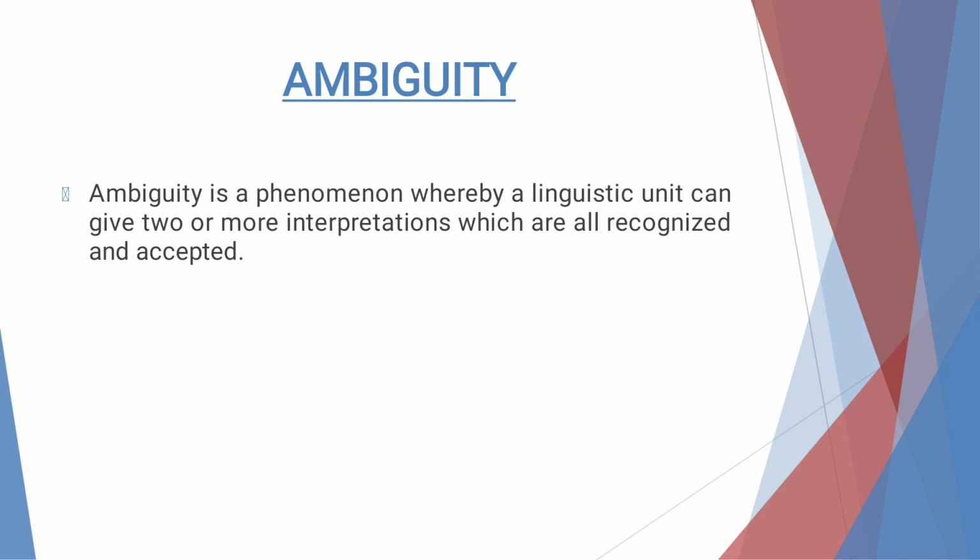So anytime I say statement, and the statement or the word could be interpreted in two or more ways, then we are saying that it is ambiguous. It is ambiguous in the sense that the word or the statement or the sentence could be interpreted in two or more ways.